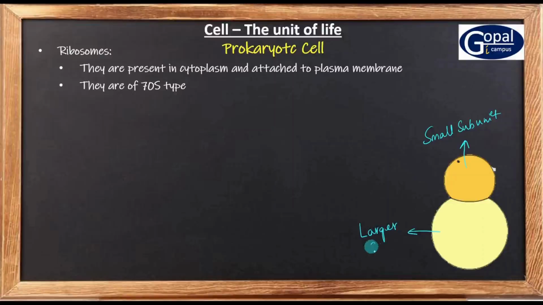Larger subunit. It is made up of two subunits. Right? So this is the 70S type of ribosome in prokaryotes. In this 70S type, the larger subunit is of 50S type, and the smaller subunit is of 30S type.